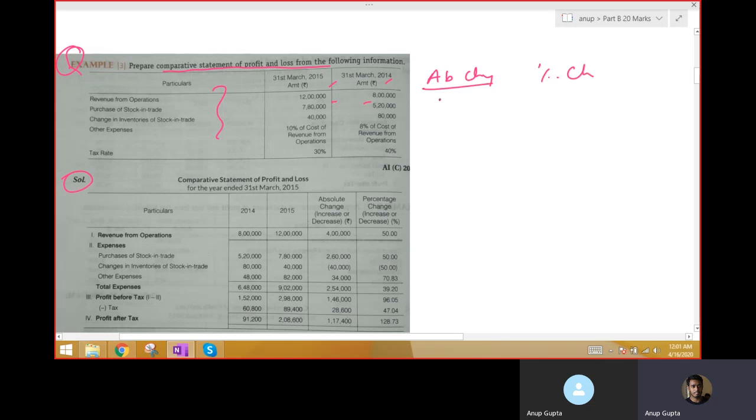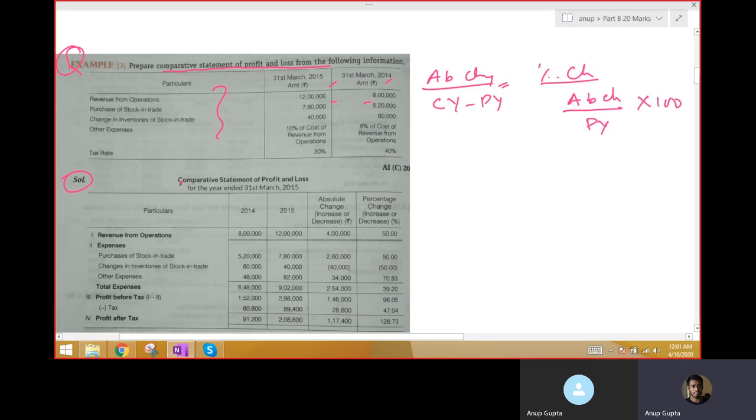The formula of absolute change is current year minus previous year, and the formula of percentage change is the absolute change divided by the previous year amount, into 100. Having said that, let us start the solution.